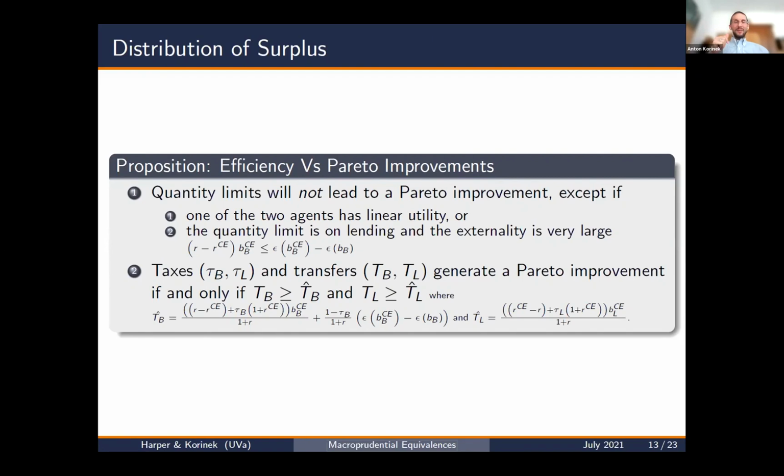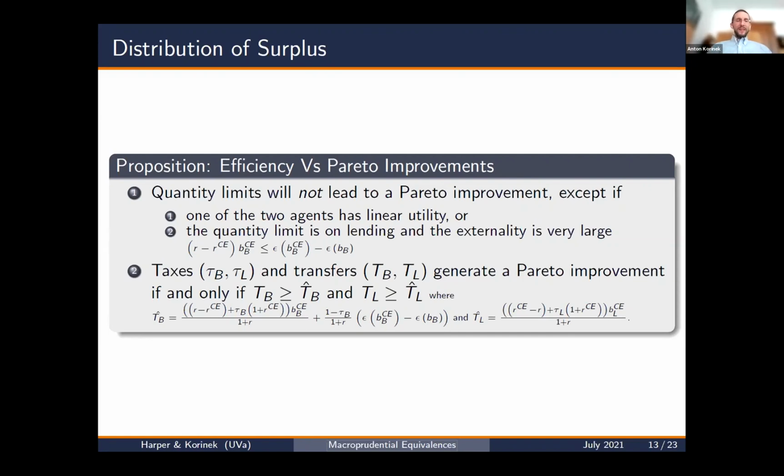That means we abstract from these redistributions in a lot of the models that we employ, just by the force of simplifying assumptions, like having linear lenders. The other possibility, again a knife-edge case, is if the externality generated is very, very large, such that the economy really suffers from it. Then imposing a quantity limit on lending can actually generate a Pareto improvement, because the lenders suffer so much less from the externality, and the borrowers can get all the surplus.